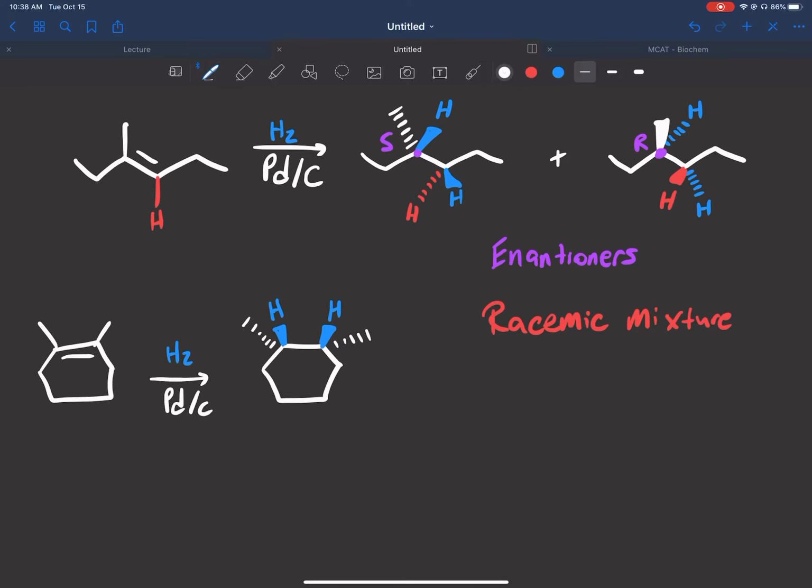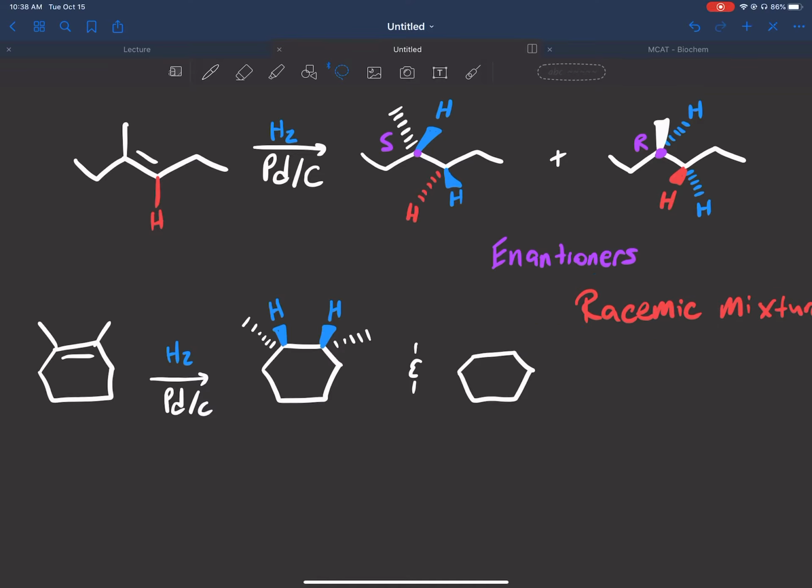Okay. What about if we added them dashed? Just move this over. So now we can add them dashed. And our methyls will now be wedged. So, did we get two products here?